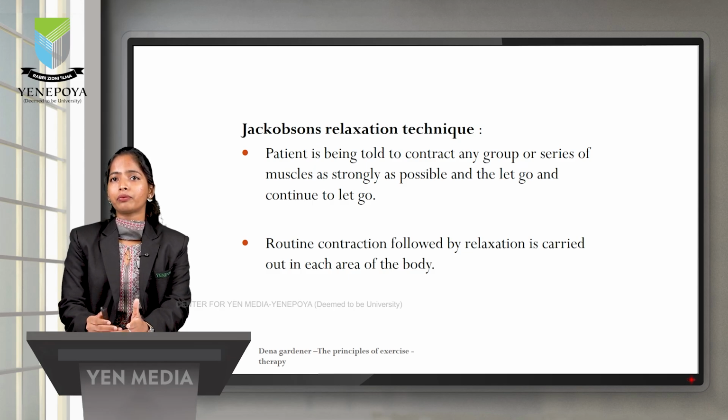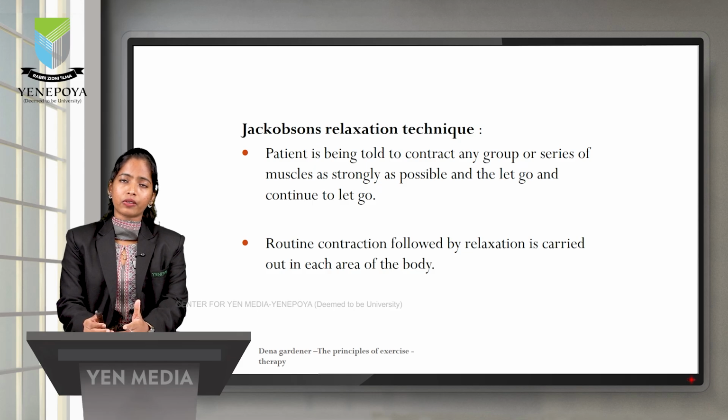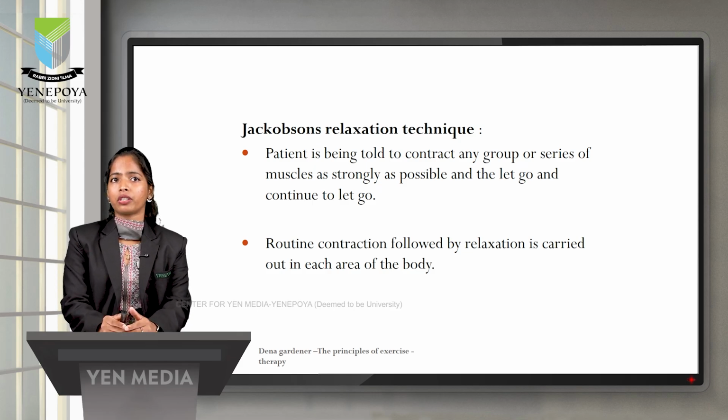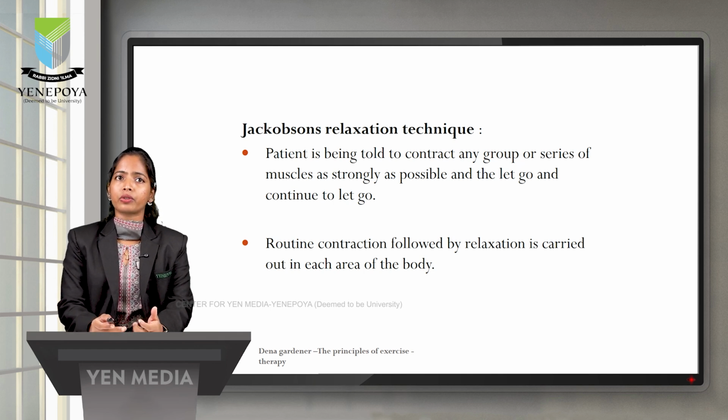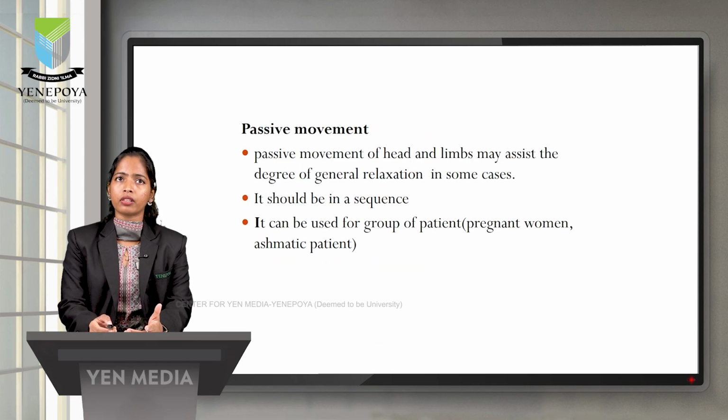It can be done from proximal to distal, otherwise distal to proximal, and the routine of contraction followed by relaxation is carried out in each area of the body. Like we can start with the toes, ask them to contract as much as possible and then relax. Then slowly the other parts of the body. So this is one of the techniques used for relaxation.